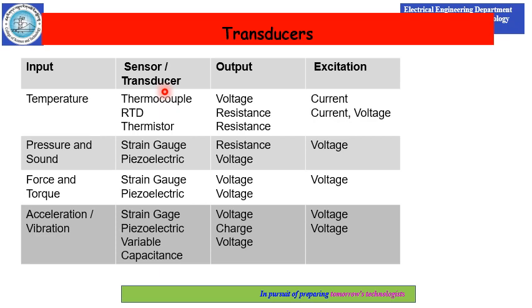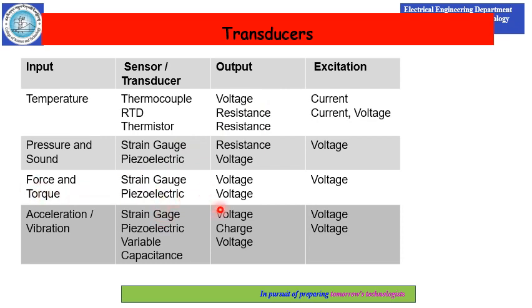The third group of transducers we're going to look at is the strain gauge and piezoelectric, which is the same thing. In this case, the strain gauge and piezoelectric transducer are used to measure force and torque.